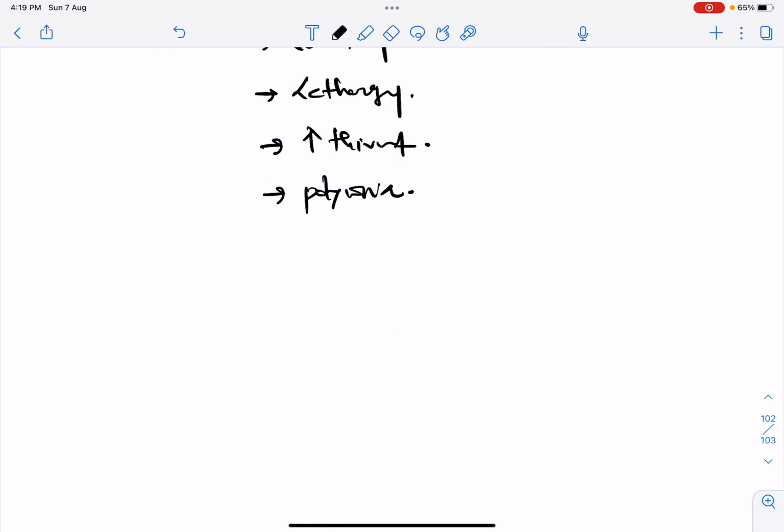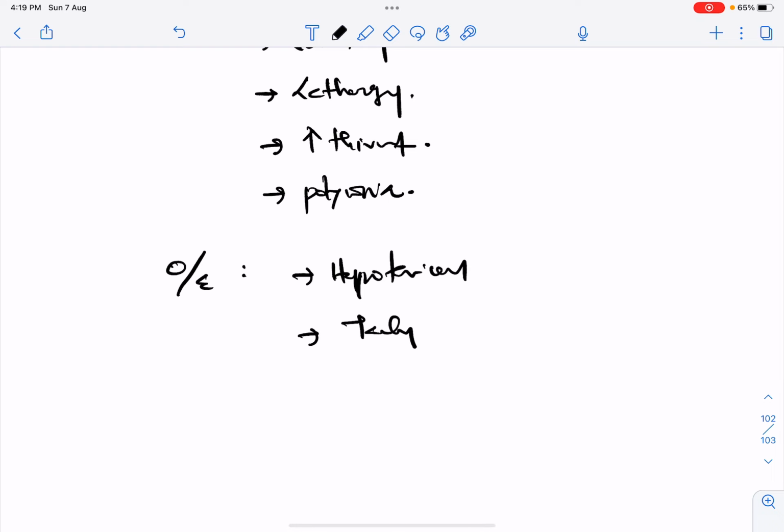On examination, the signs include the patient may have hypotension or tachycardia, sunken eyes. These findings are seen in hypovolemic states.